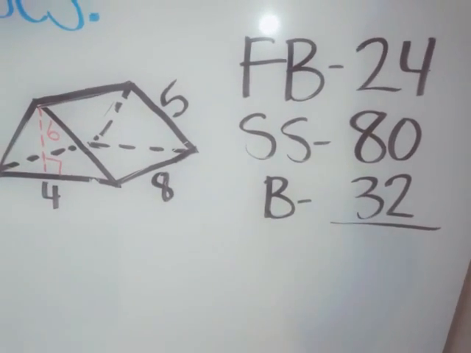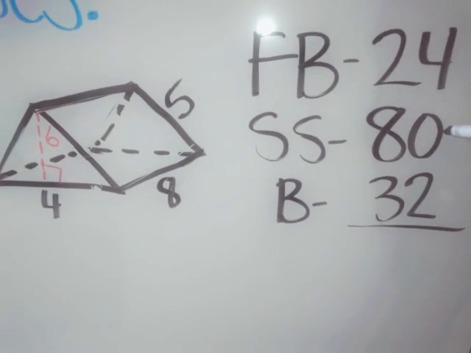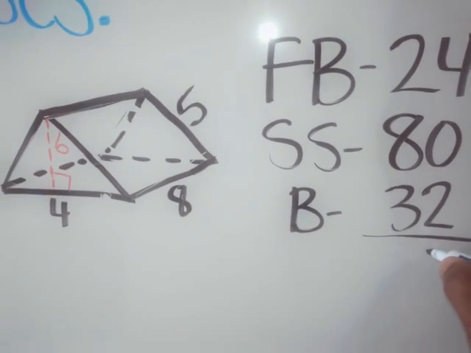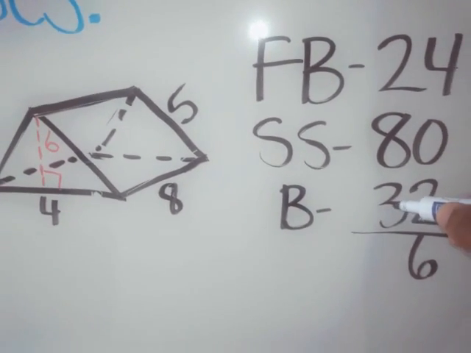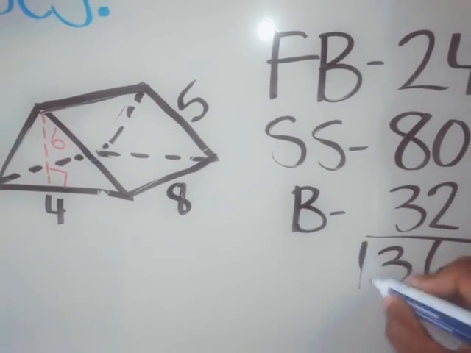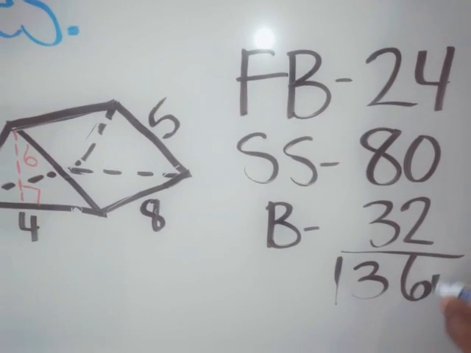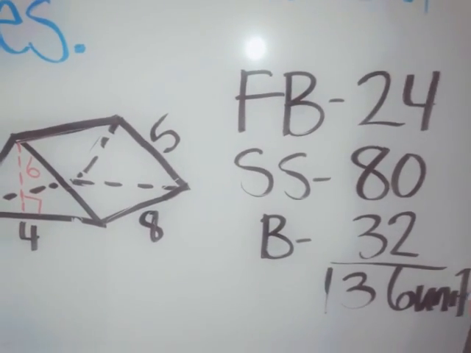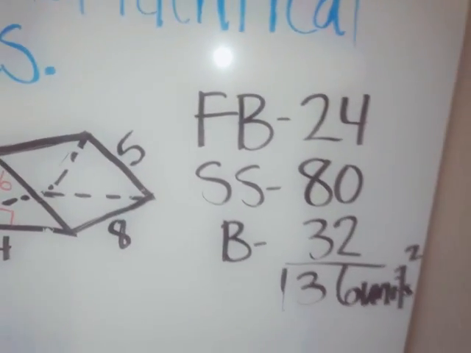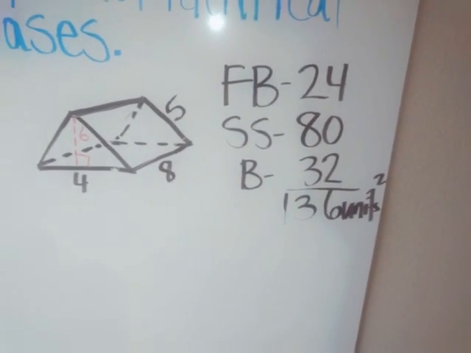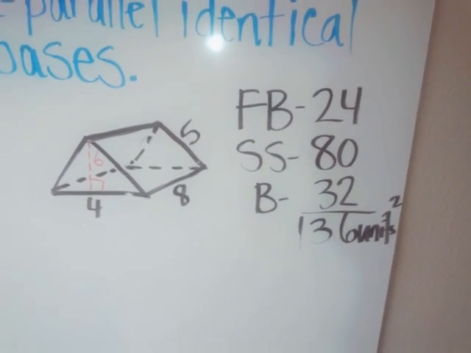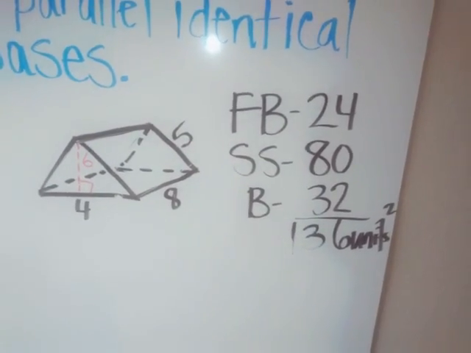Let's go ahead and add. 4 plus 0 is 4, plus 2 is 6. We have 8 plus 2 is 10, and then we have 3 here. We have a total of 136 units squared. So for this triangular prism, we have a total net surface area of 136 units squared.